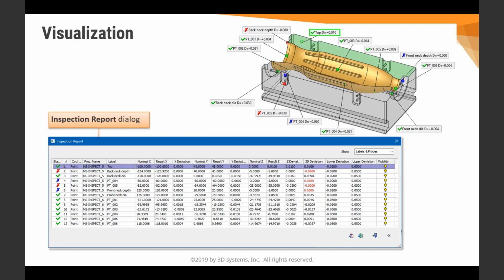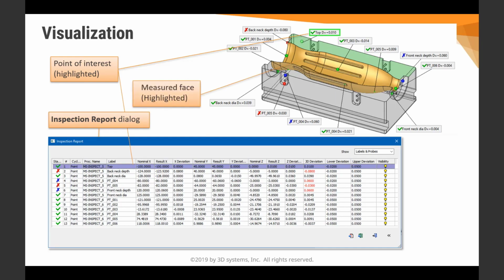First of all, we have the inspection report dialog, and the graphics shows as seen here on top. If any of the points is selected, it doesn't matter if the selection is done on the table or on the graphics, it is highlighted in both places, and the measured face is highlighted as well in green.